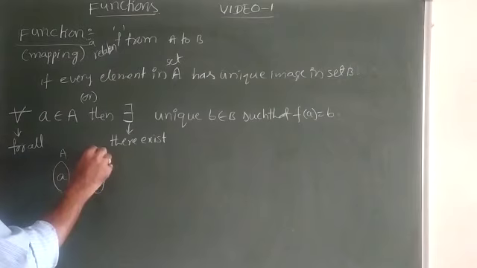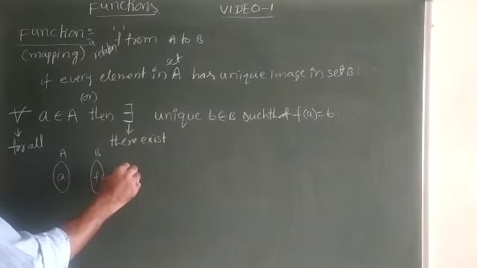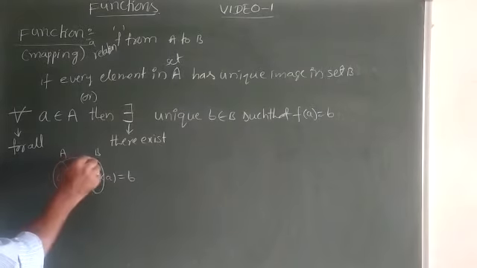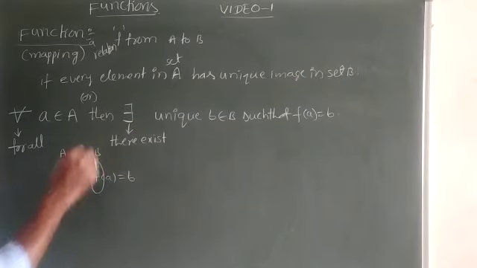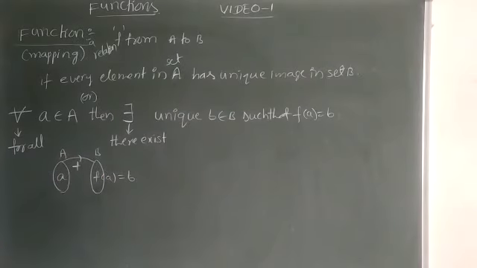This is set B. Clearly this is f of a equal to b. F of a equal to b అయ్యేటట్టు this is the function from A to B.